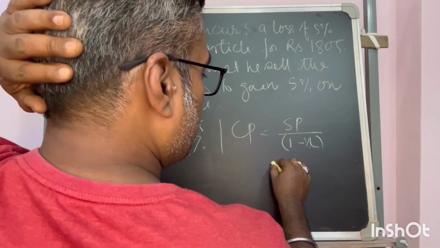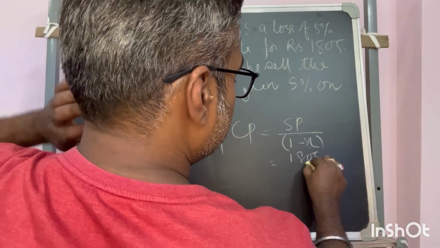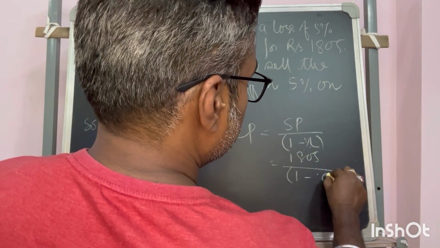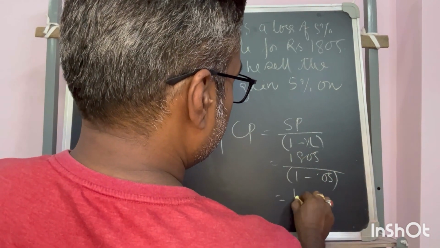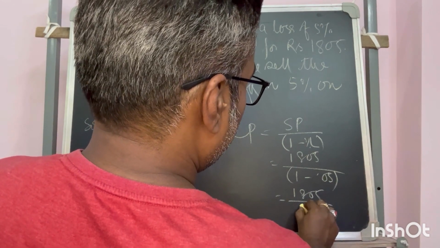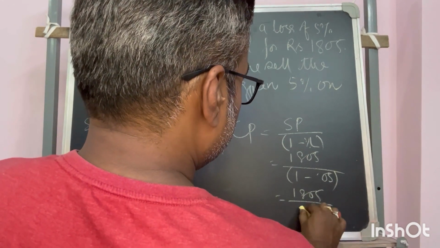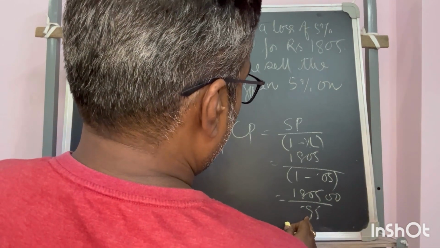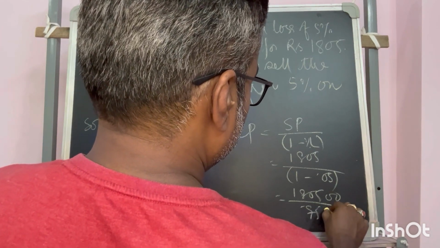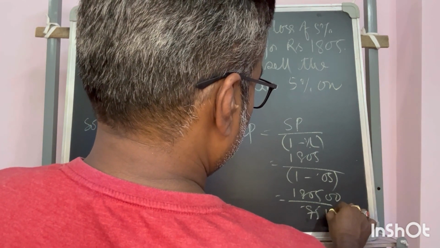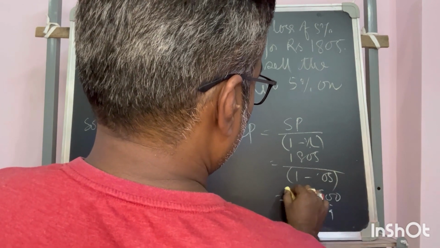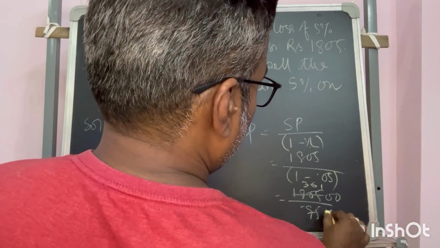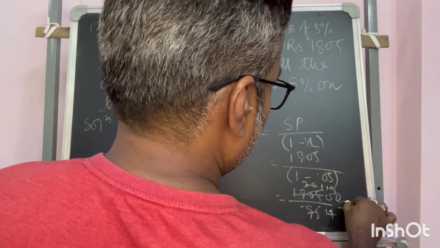So 1805 divided by 1 minus 0.05, that is 1805 divided by 0.95. How much is it? It will be 1900.